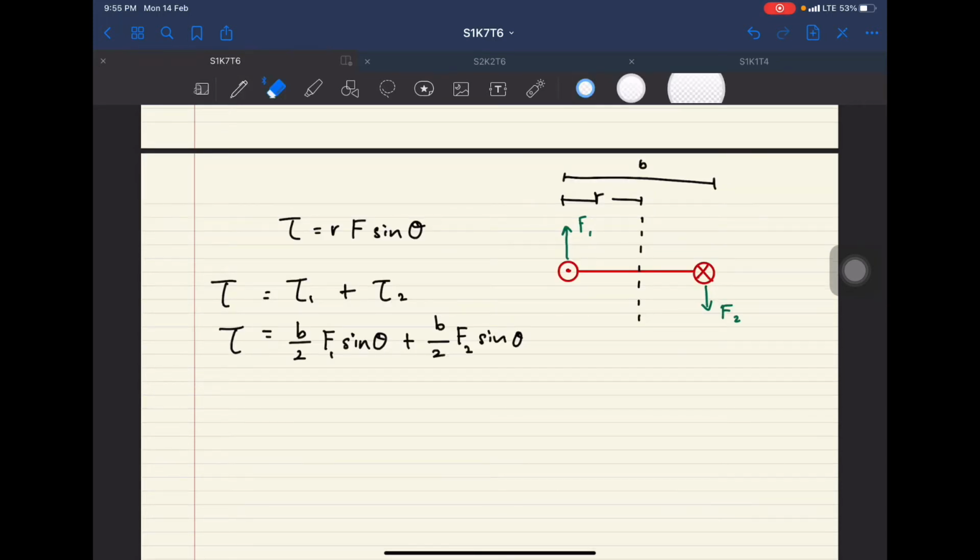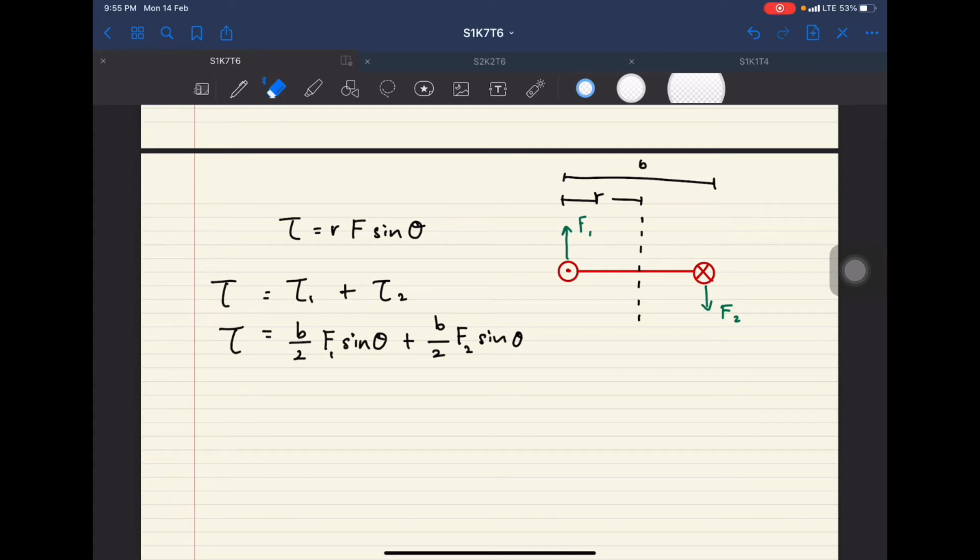Now I can substitute the equation for force. You know that the force for a long straight conducting wire is equal to BIL sine theta.